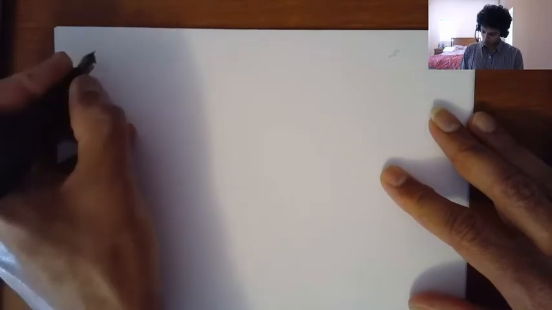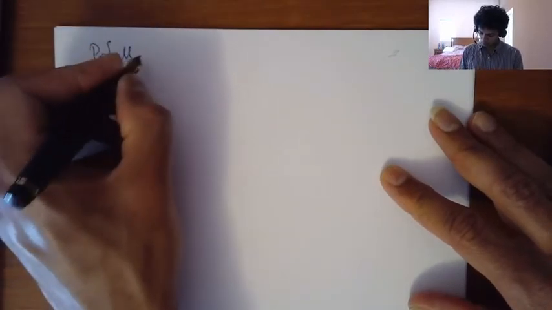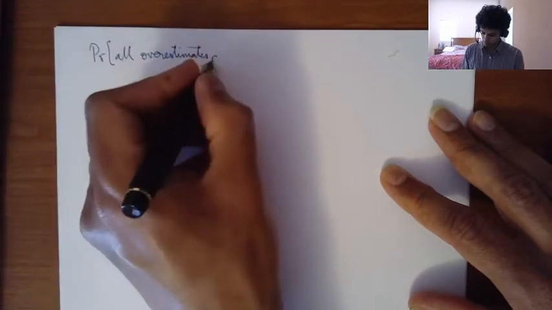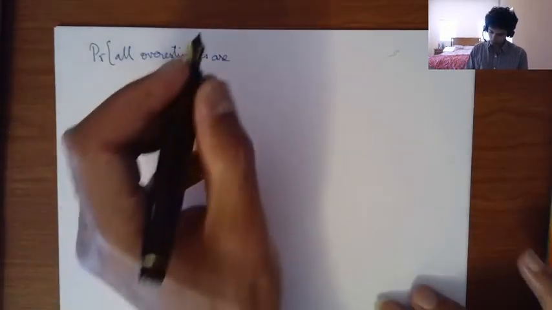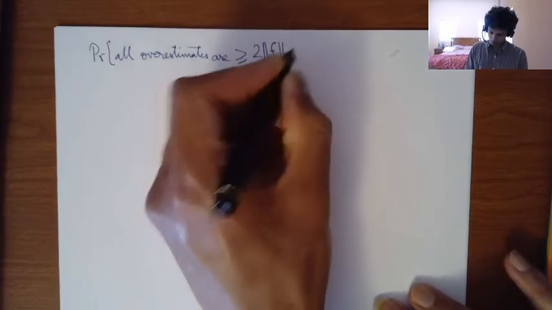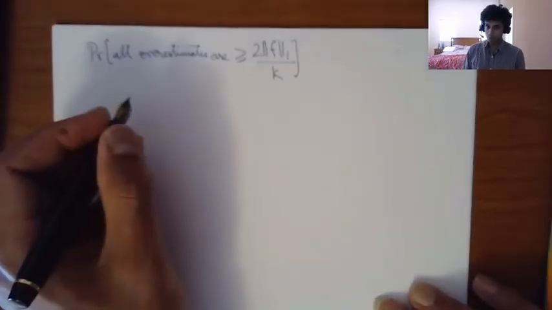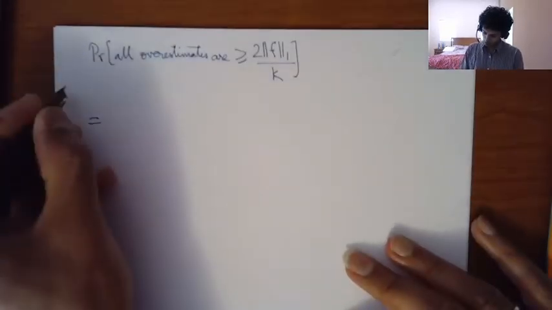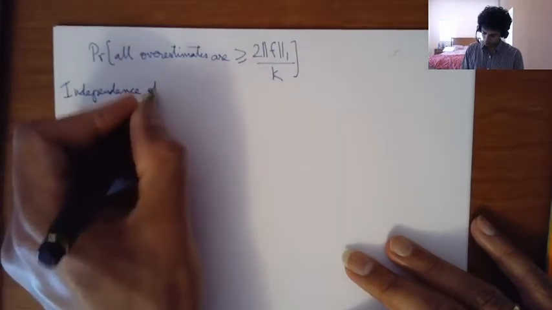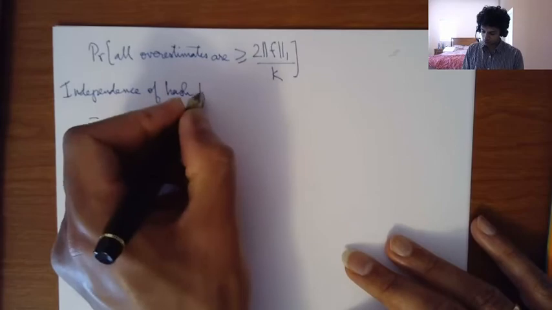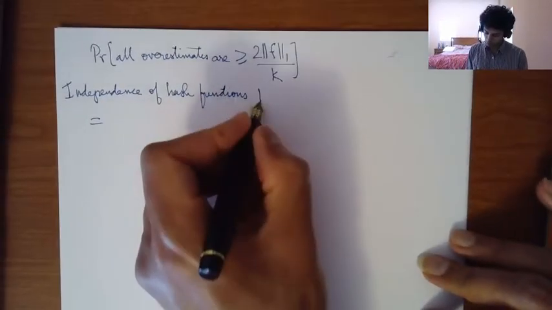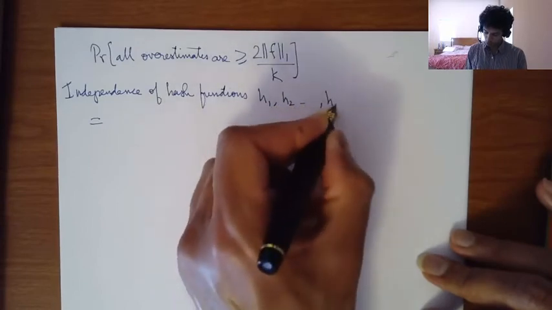Now we simply ask, what is the probability that all overestimates are more than 2 times f by k. And now this is where we use independence of the hash functions. Not of each individual hash function, of the hash functions amongst themselves, of the independence of h1, h2 up to ht.